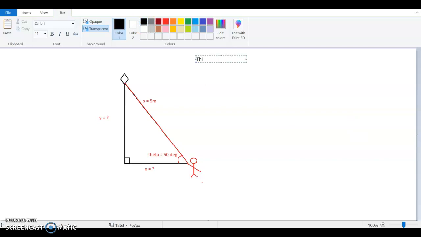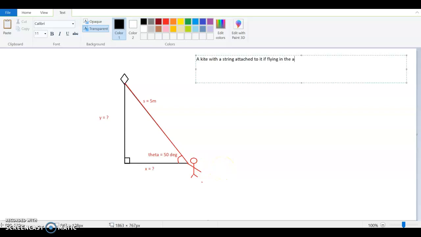So let's say this program calculates, let's say, a kite with string attached to it is flying, no?